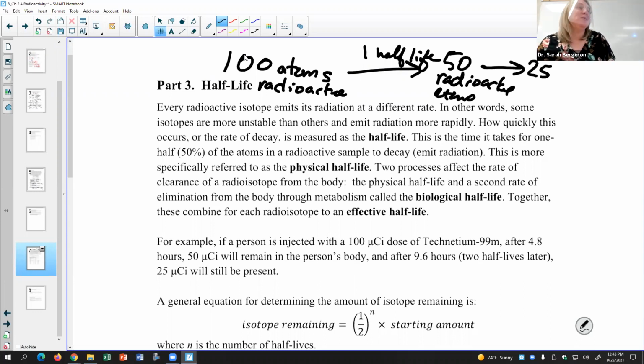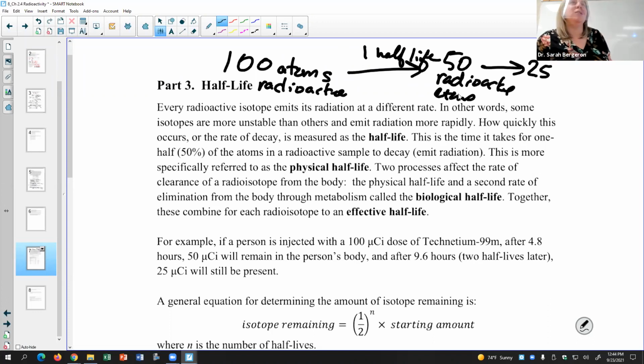Okay, so we want to give them something that has a short half-life of like 30 minutes, 2 hours, 6 hours, so that it clears the body very quickly. Okay, so when we talk about that half-life, that's the pure definition of it.